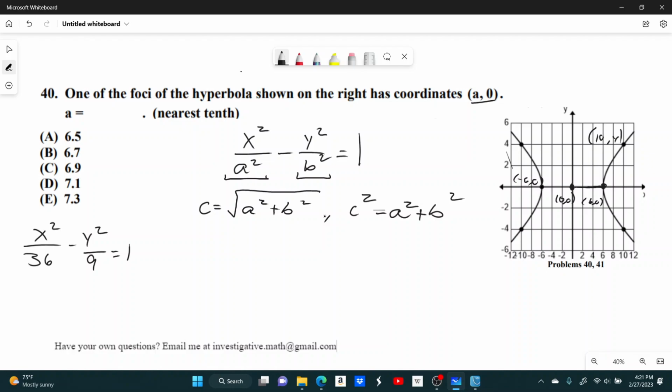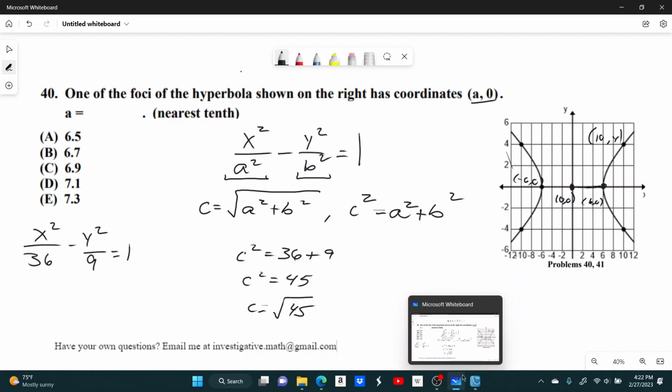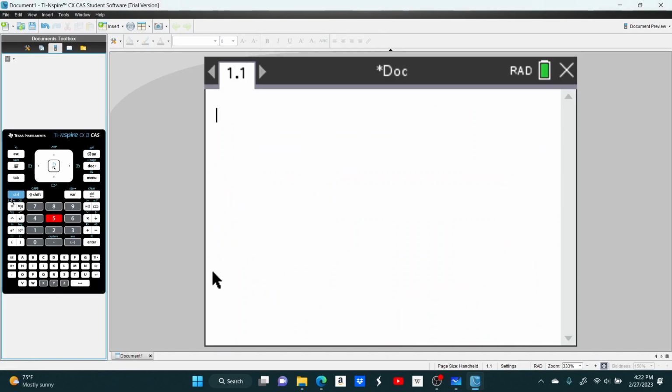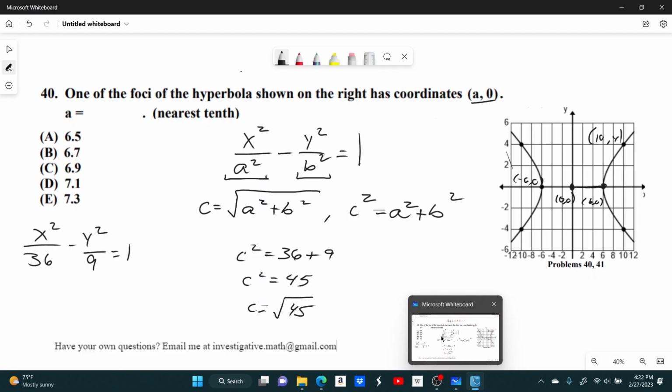So if we just plug these in, c squared is a squared plus b squared. Well, we know a squared is 36, and we saw that b squared equals 9. So add these up, so c squared equals 45. So c will equal the square root of 45. Well, what is that? The square root of 45 is about 6.7.